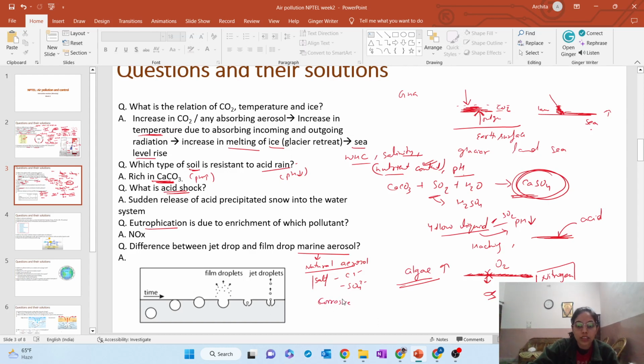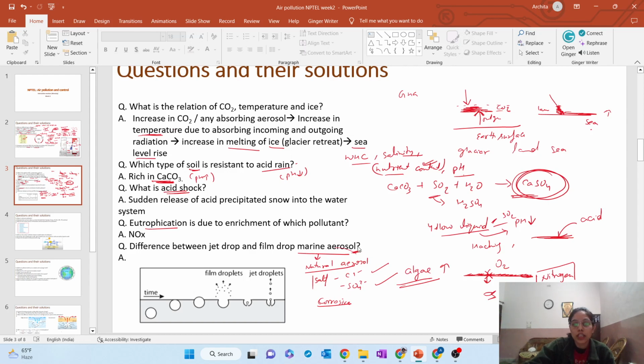That is why buildings or steel or aluminum or metal things near a sea or a marine body corrode very easily because of these chloride and sulfate salts in the aerosols. Okay, so we learned that the marine aerosols are corrosive, right?